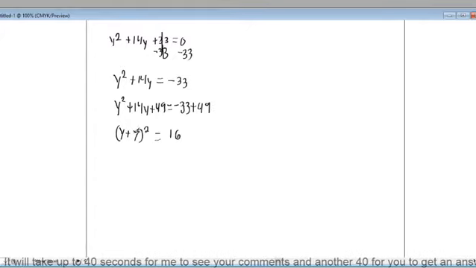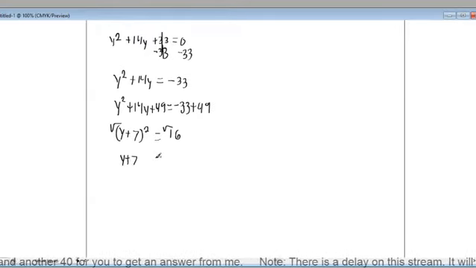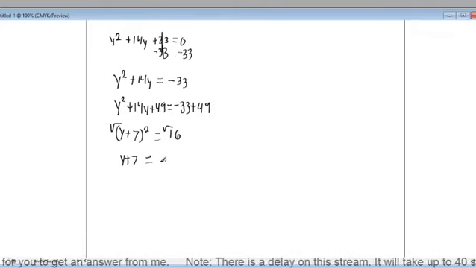So first things first, we need to get these parentheses out of here, and we do that by getting rid of the square. So take the square root of both sides. That's going to give us y plus 7 equals, square root of 16, like we said before, is not just 4, it is plus or minus 4.